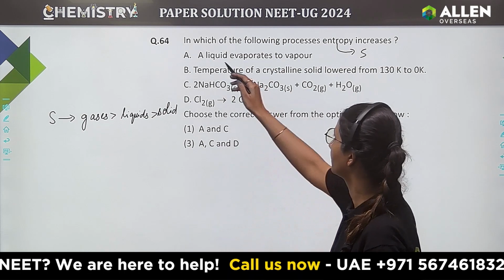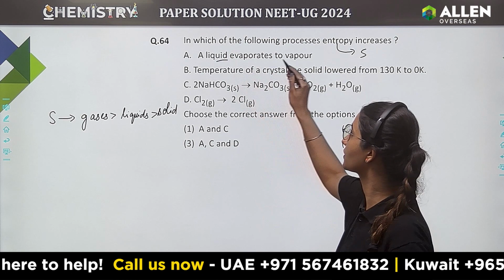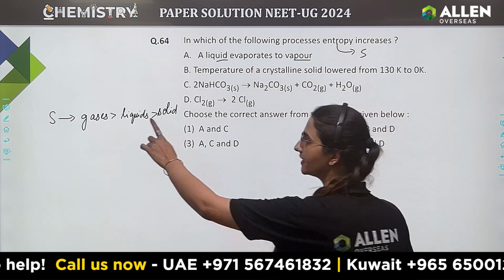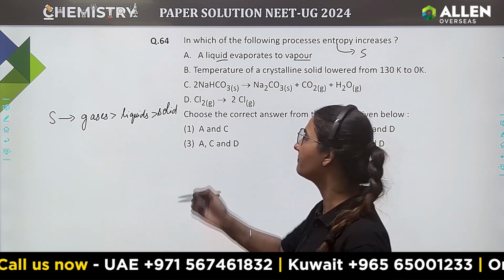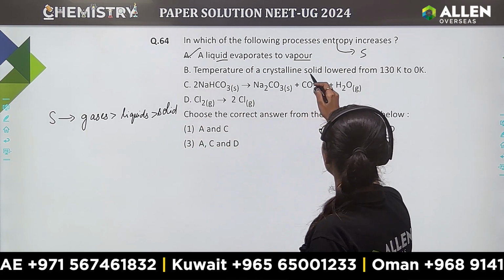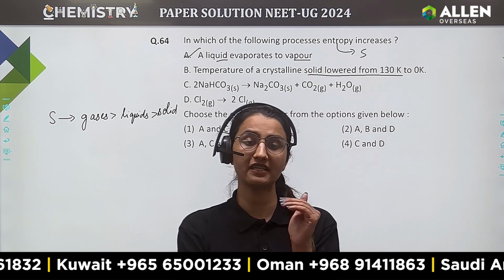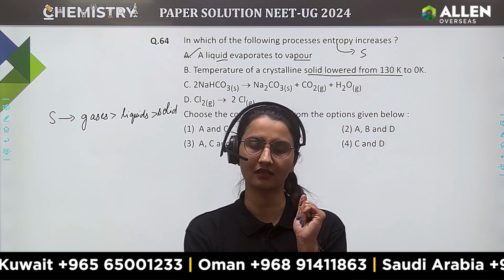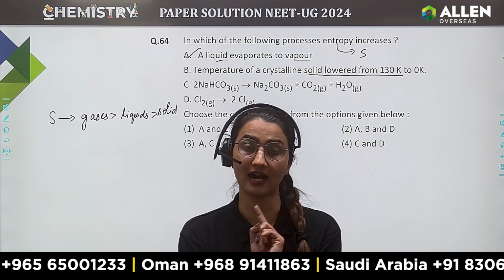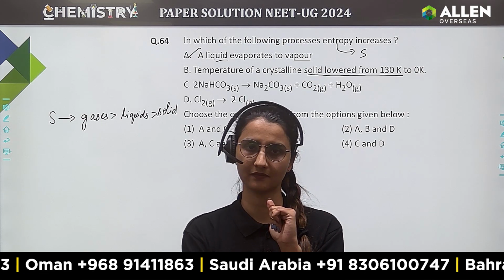See first, liquid evaporates to vapor. Liquid is changing into vapor, means liquid into gas. Obviously entropy increases. Temperature of solid lowered. See students, when we increase temperature of anything, its kinetic energy, random motion increases, so entropy increases.